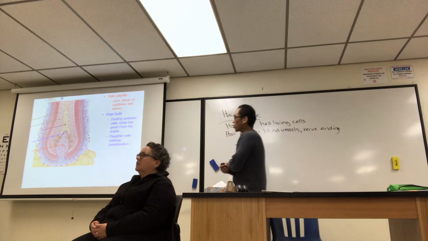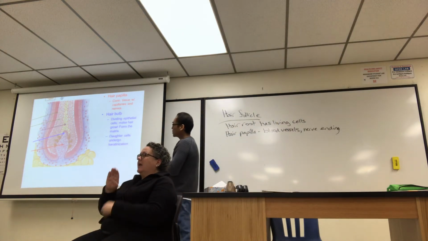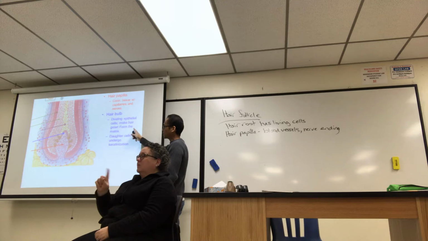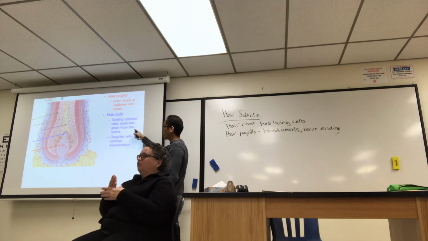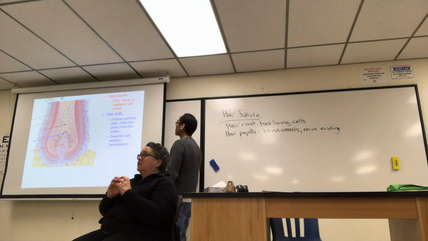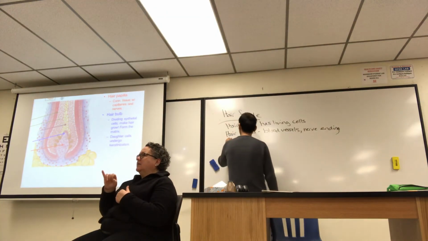Now, surrounding the hair papilla is the hair bulb, and that's where you actually have the dividing cells that make hair grow. Okay, it forms a matrix, and the daughter cells undergo keratinization. Hair bulb.